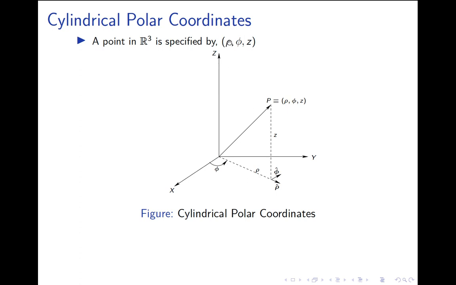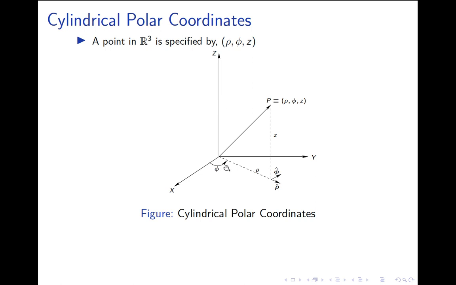This quantity is rho, and then the angle made by the line which joins the origin to the point where you had dropped a perpendicular on the xy plane, the angle which it makes with the x-axis, is called the angle phi. It is known as the azimuth. Most of you are familiar with this term, azimuthal quantum number, in high school chemistry or even some physics courses.